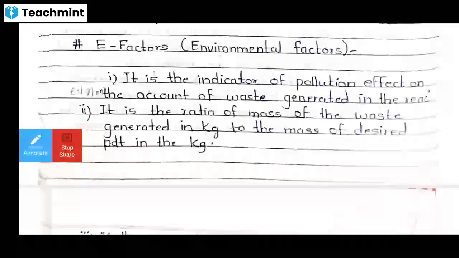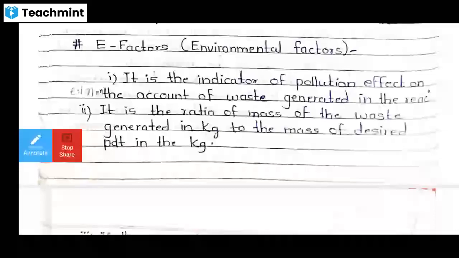If we require the desired product, and along with the desired product a byproduct or another material is produced in relatively good quantity, then we can say that it is not atom economic.